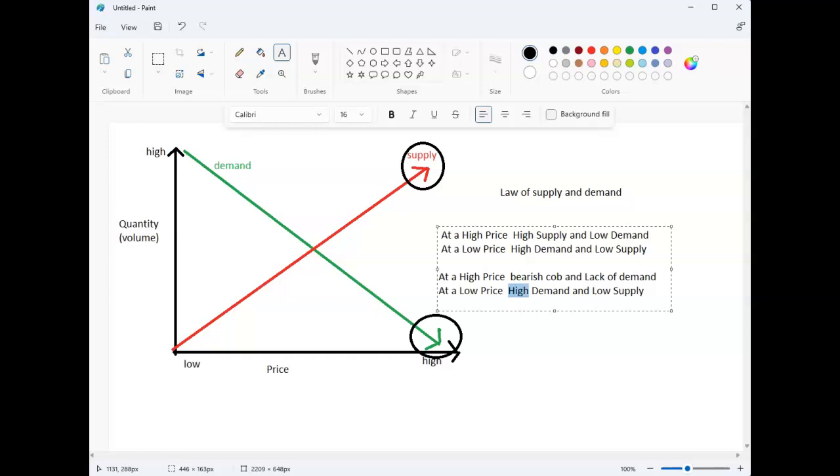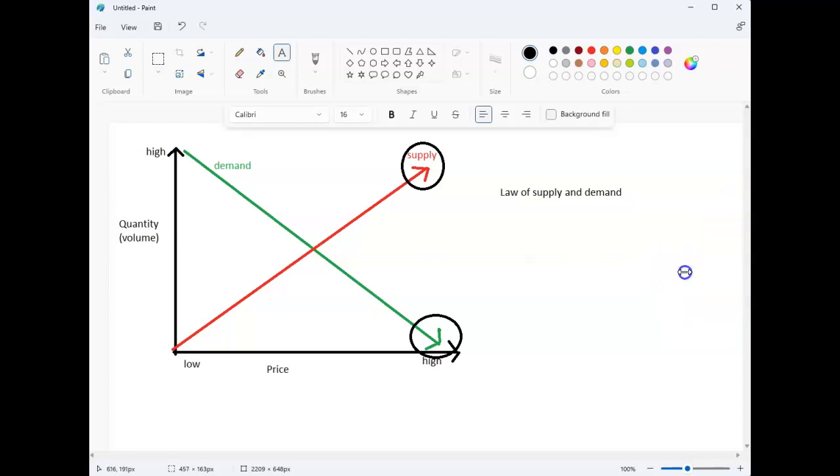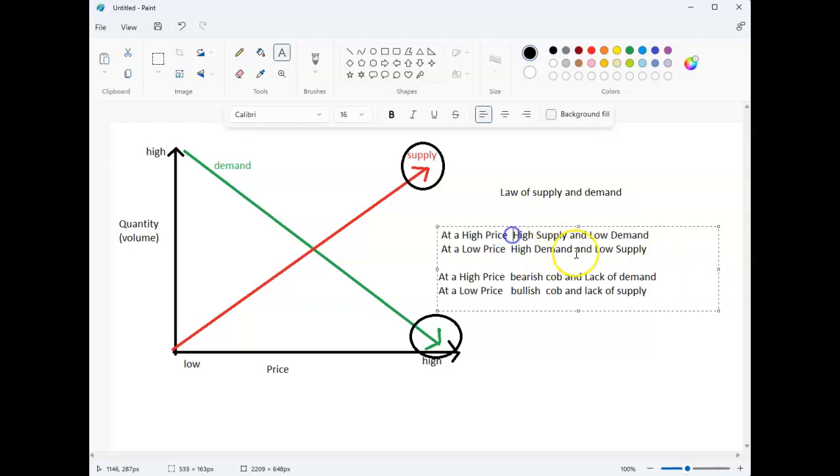At a low price, bullish change of behavior. And I know by now, if you've watched any of my videos, you know that this is just a sign of strength, right? And lack of supply, right? At a high price, this is how he linked it, and this is exactly what happens.